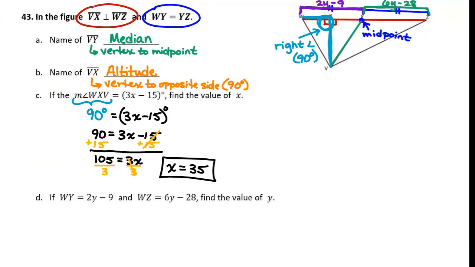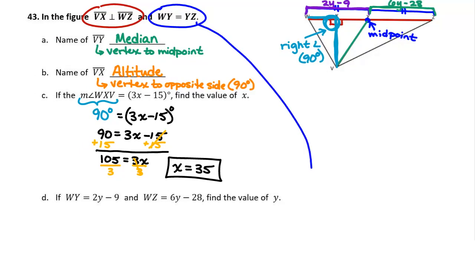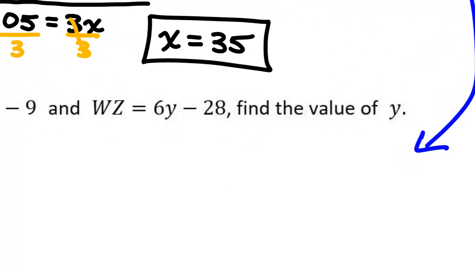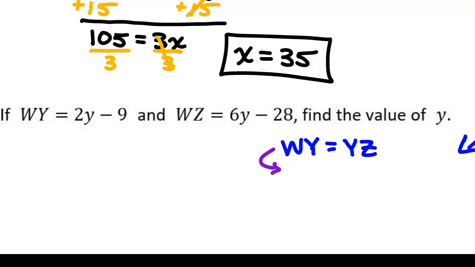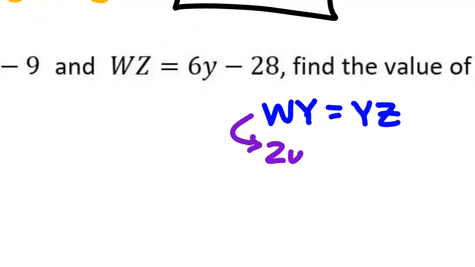Well, what were we told at the beginning about wy and yz? I circled it in blue. What were we told about wy and yz? That they are equal. Wy is equal to yz, so then I can substitute in the expressions that they gave me. In the place of wy, we can put 2y minus 9.